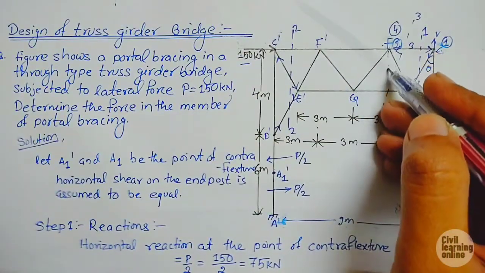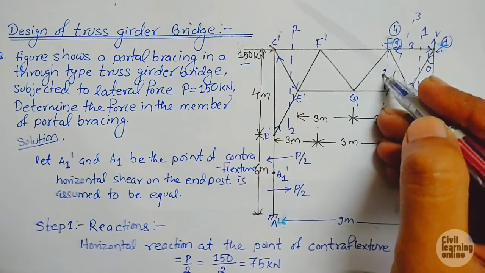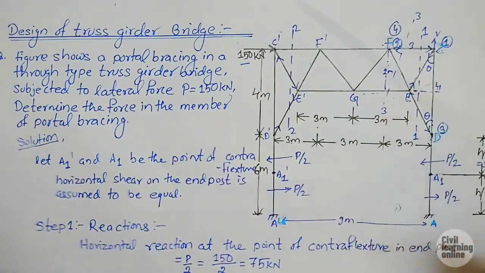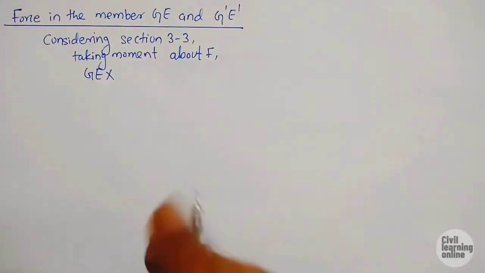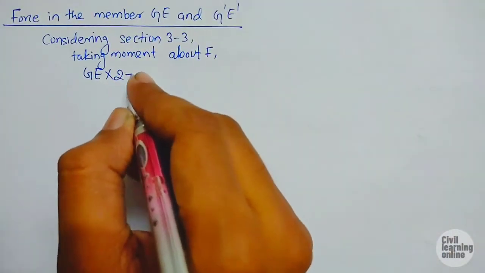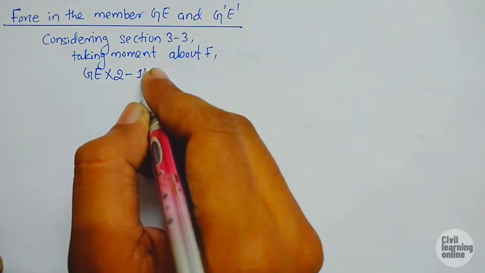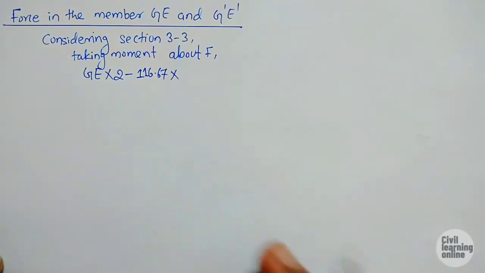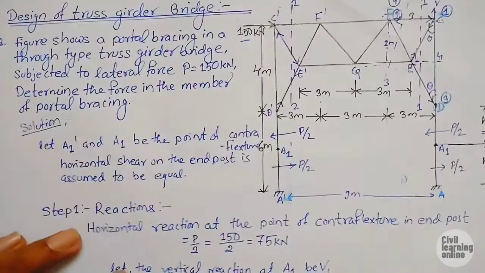If I consider this span, this is 2 meter. Distance from point F of the member GE is 2 meter. So GE times 2 minus 116.67 into, and the distance of the vertical reaction from point G will be half of this 9 meter.